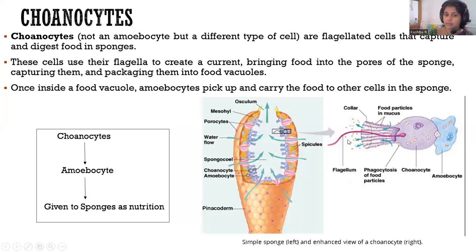These canocytes have the capability to entrap or engulf the mineral nutrients, which are metabolized and lysed and given to amoebozoids. These amoebozoids are the mobile messengers or mobile transporters which can transport mineral nutrients and make them available to the sponges. So this is how it works.